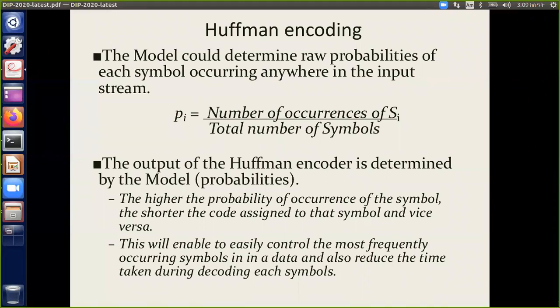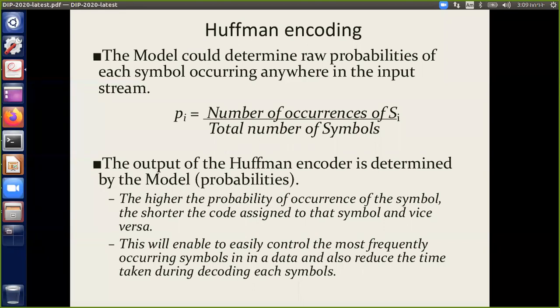How can we calculate probabilities? The probability is calculated by taking the frequency of occurrence of a given symbol over the total number of symbols in that data. That gives us the probability of occurrence of every symbol.